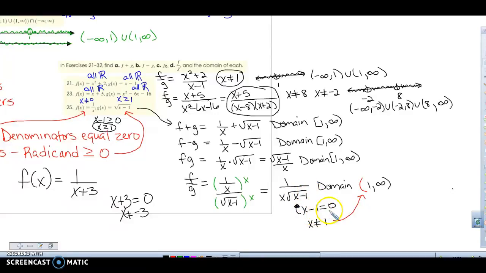So take the x minus 1, set it to 0 and solve, and you recognize that 1 is not allowed because it would make this portion of the problem 0, making the denominator then 0 and undefined. So here's our domain for the other operations, but now we're going to have to restrict the number 1 from our domain. So the parenthesis shows that the 1 is not included.